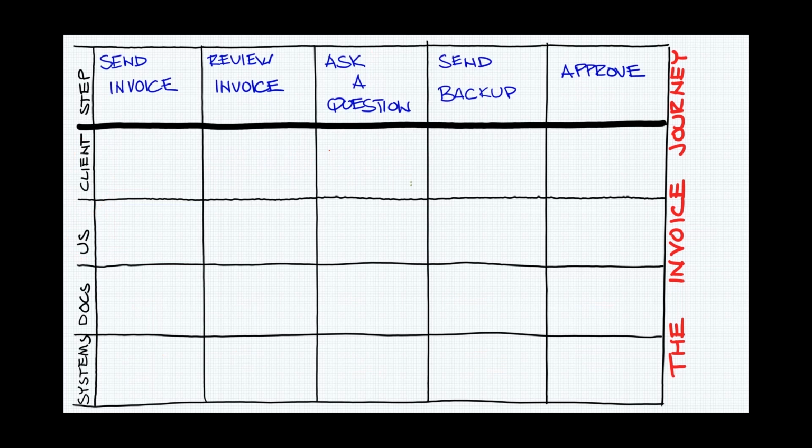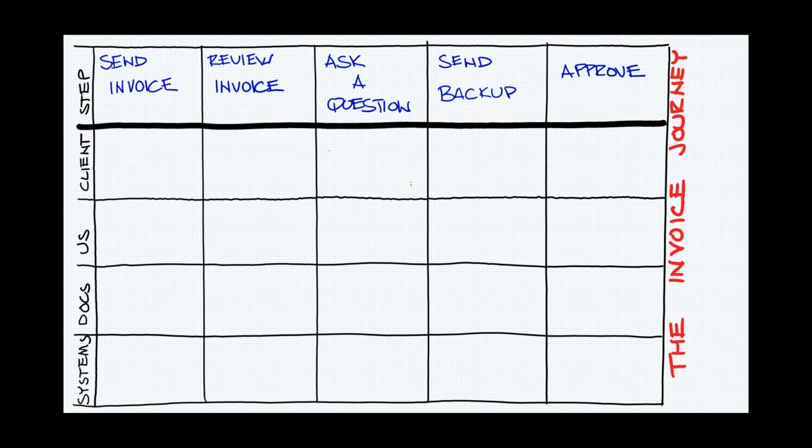So looking at the steps of the invoice journey, we're going to send the invoice as step 1. Review the invoice. Maybe someone has to ask a question. We got to send some backup, and we got to approve. Here's another element. When you are mapping out your journey, don't necessarily map out the best case scenario.